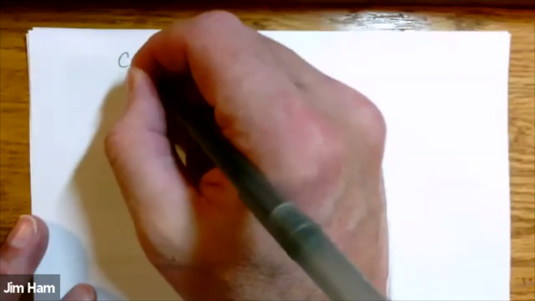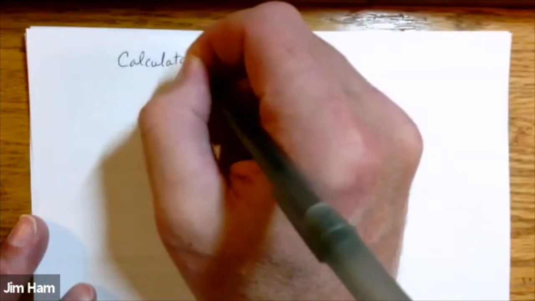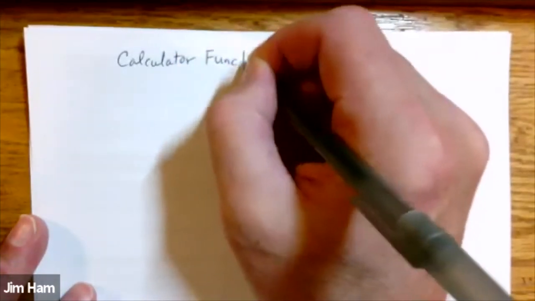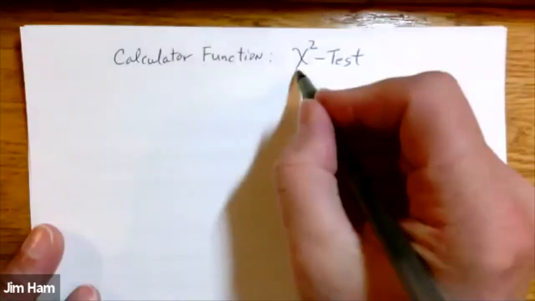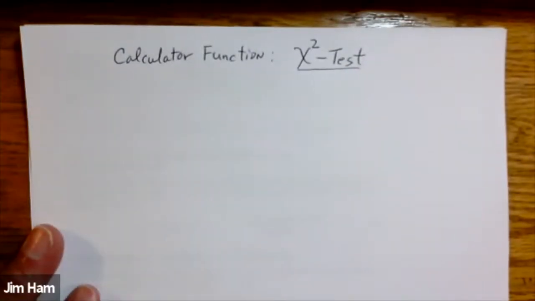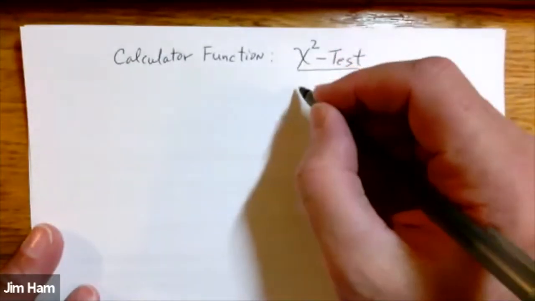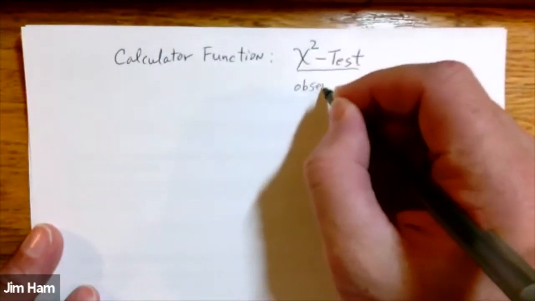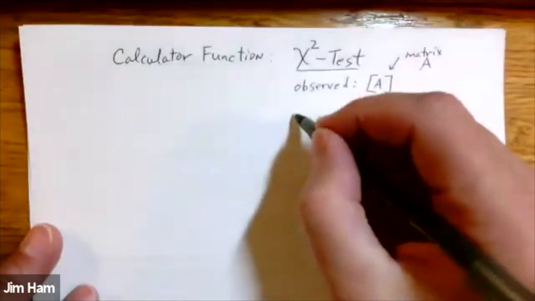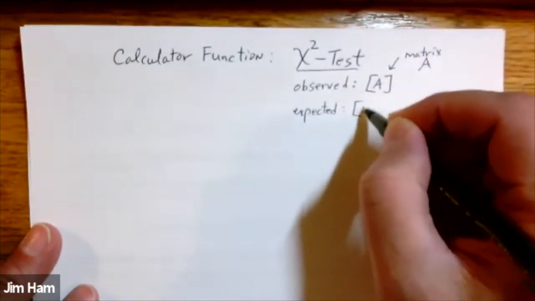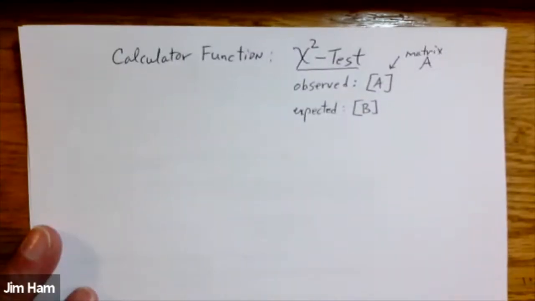But also continuing on step 3, for this one you want the calculator to calculate everything. This one is the chi-squared test, and you never have to change the inputs of this. The observed values we're going to put in matrix A, and the expected values are going to go in matrix B. And that's it.